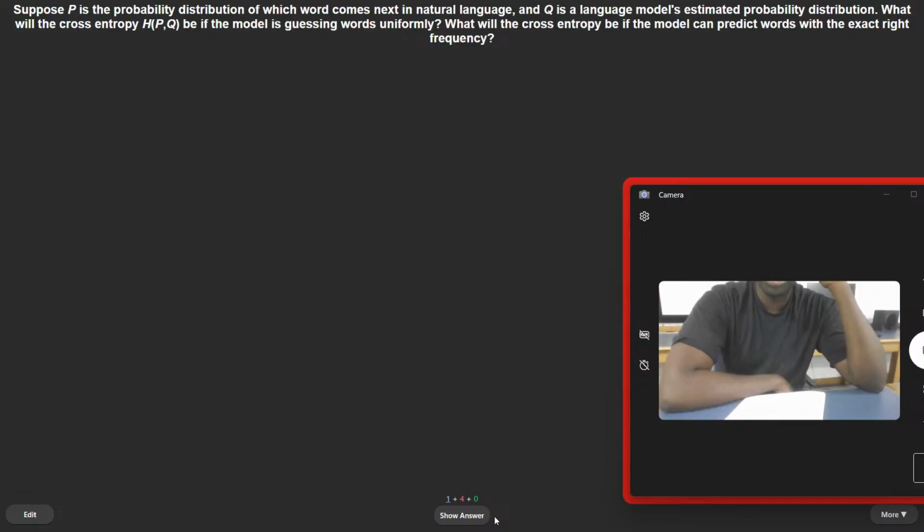What's the cross entropy if the model is guessing words uniformly? So we have minus E under P of log Q.